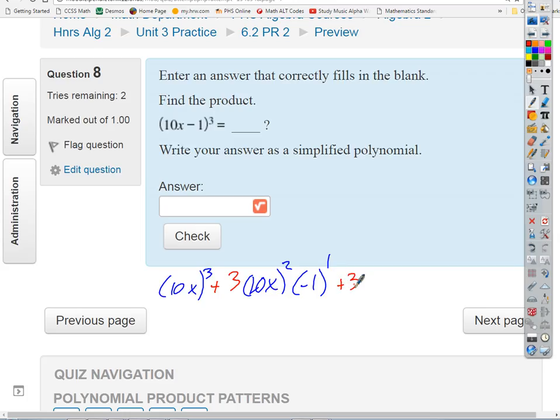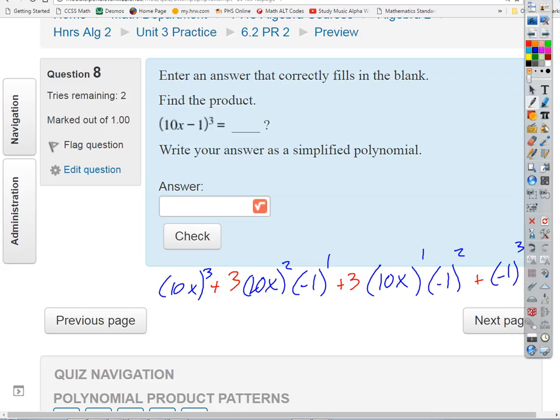Plus 3 times A to what power? The 1 times B to the 2, right? Plus 1 times B to the 3, right?